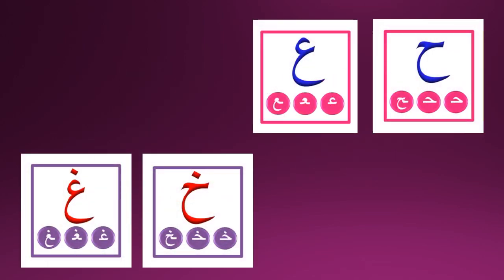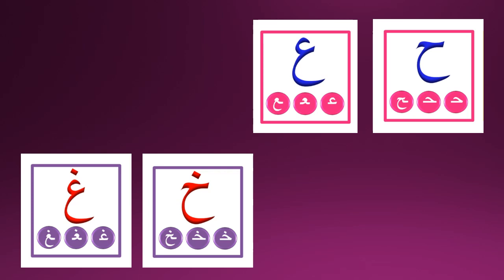Now look at the letters Ha and Ain, Kha and Ghain. Do they look same? A little bit, because Ha and Ain have no dot and Kha and Ghain have a dot on them.